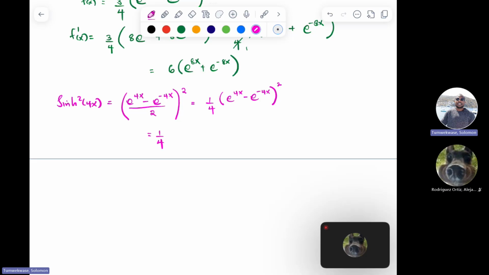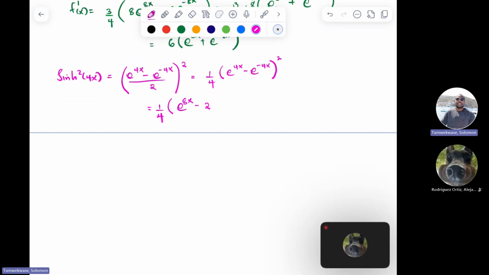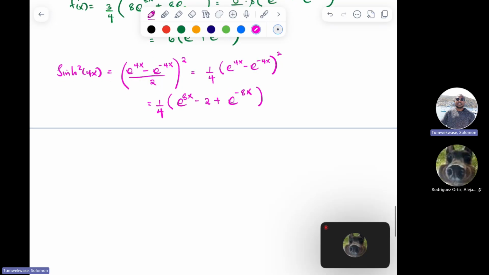Now square those guys. It is e to the 4x squared, which is e to the 8x, minus 2 times this, which is e to the 0, which is 1. 1 times 2, that is just 2. Then plus e to the negative 8x. I hope that is fine.